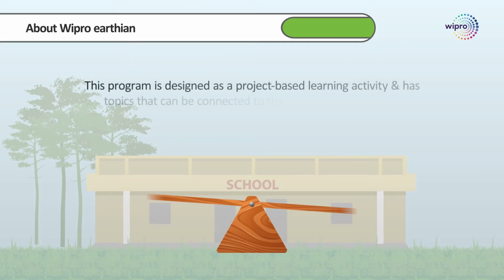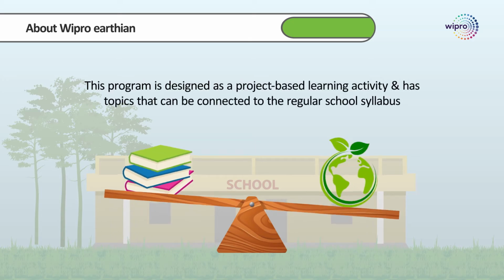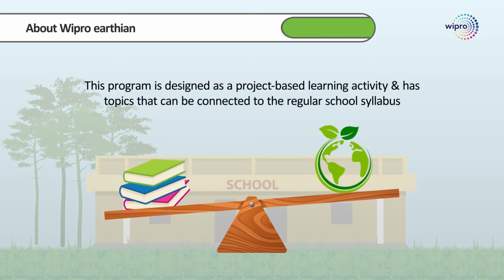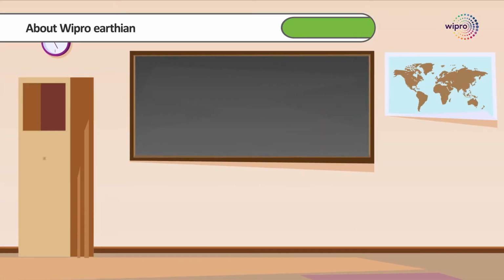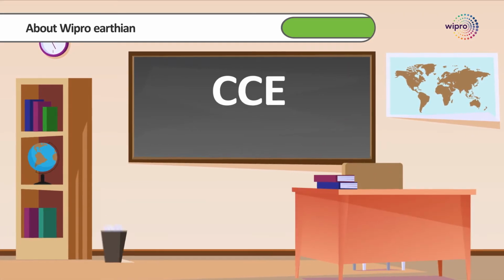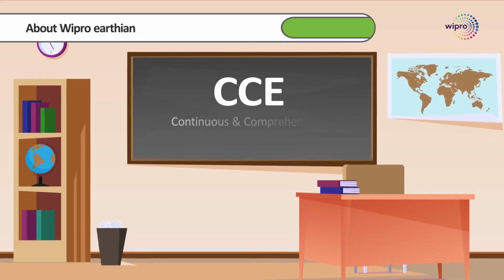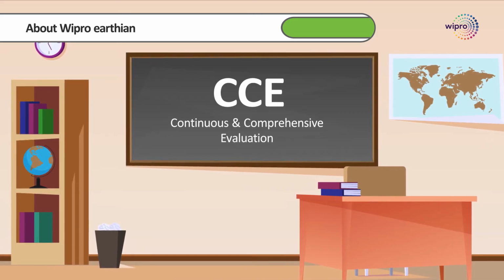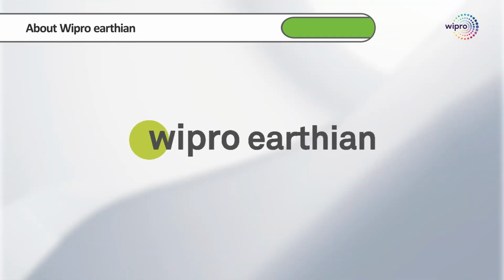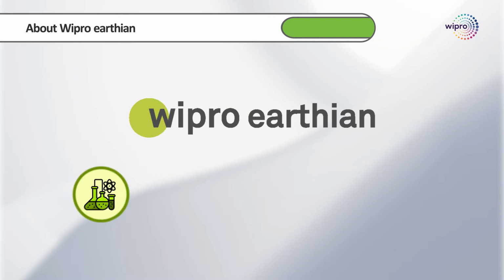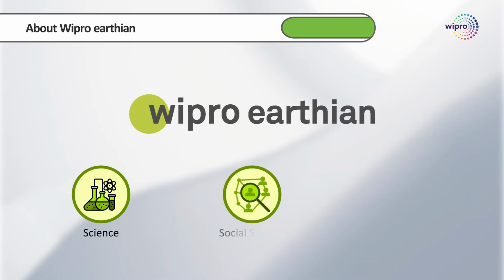This program is designed as a project-based learning activity and has topics that can be connected to the regular school syllabus. Hence, the work done here can be considered for the CCE, that is, Continuous and Comprehensive Evaluation within the school curriculum. Participation in the Wipro Earthian program will help strengthen concepts in science and social sciences.